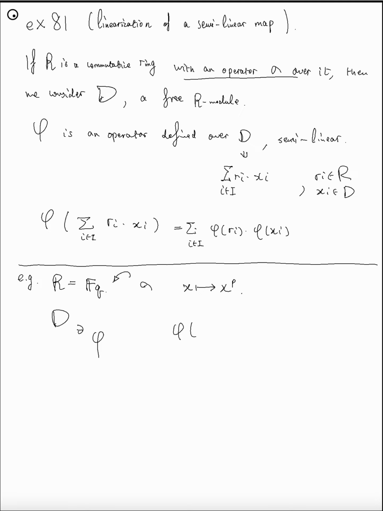If you take an element, just look at a generating element, any x in D, then this is defined to be semi-linear: sigma of lambda and the Frobenius of x.